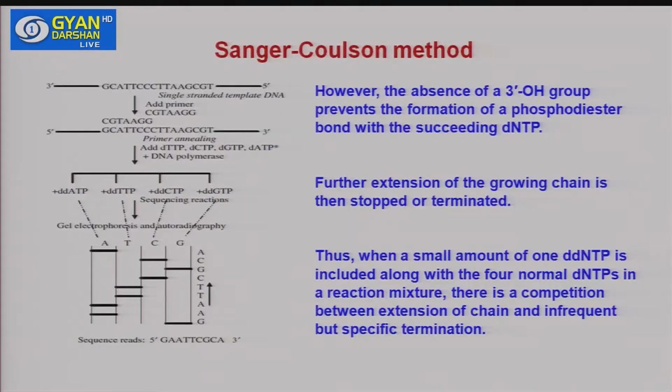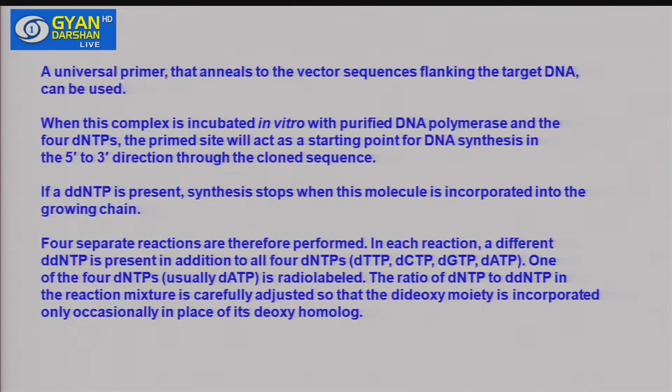And then you apply the DNA polymerase and the 4 dNTPs, of which 1 dNTP is radioactive. And then after this mixture is prepared, you separate it into 4 different tubes, and in each tube you add one specific ddNTP, like you can see in the diagram.